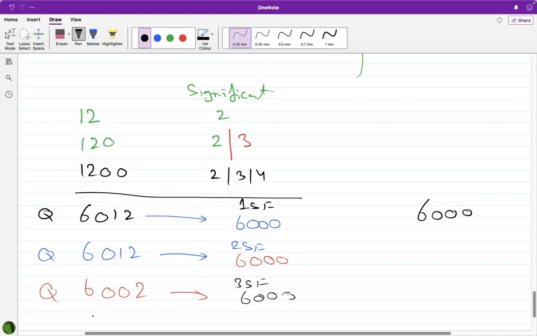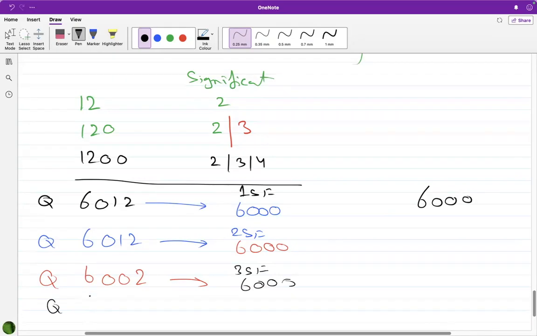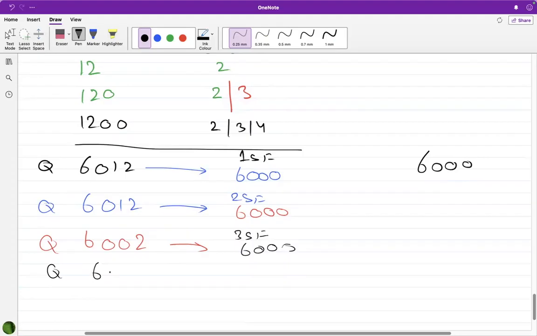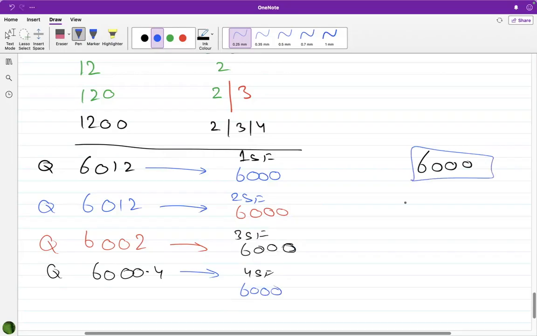And the last one, if we have this as 6000.4 and we round it to four significant figures, what would it be? 6,000. So when you look at 6,000, it could be 1SF, it could be 2SF, it could be 3SF, it could be 4SF.